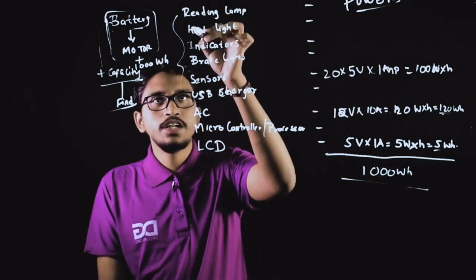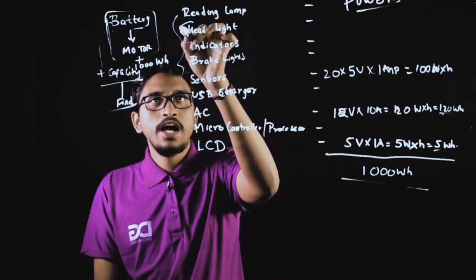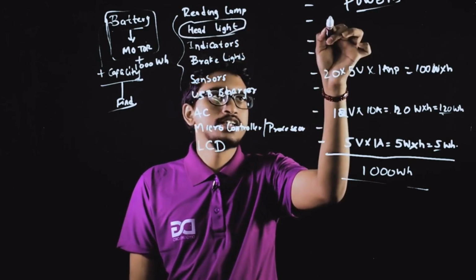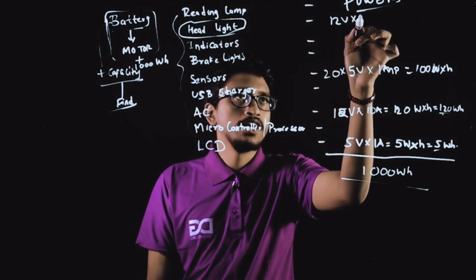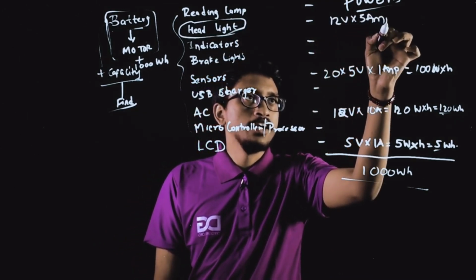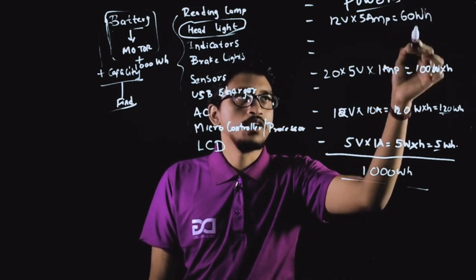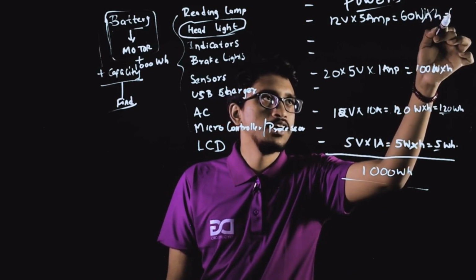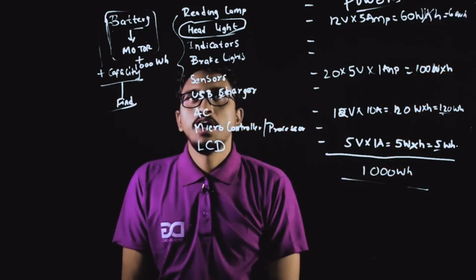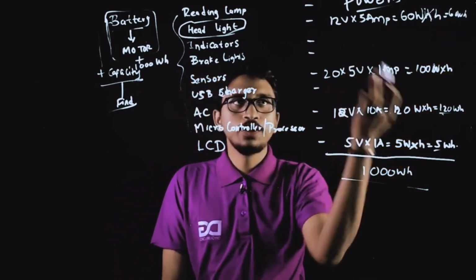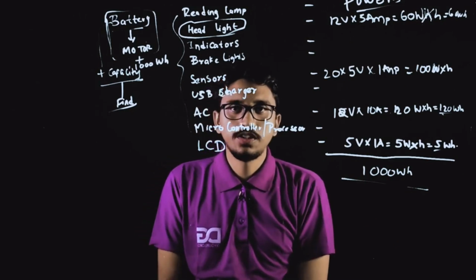Now the first question I would like to ask is about headlights. If I consider headlights working with 12 volts and 5 amperes, watt into hour gives 60 watt hour. If the headlight works on 12 volts, how can I get that 12 volts?